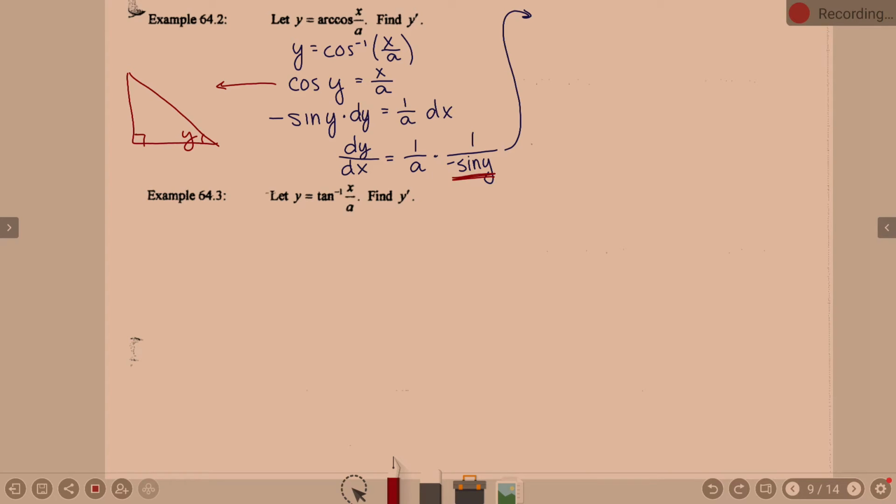I'm going to challenge you guys today. Okay, so cosine of y, there's y, is x over a. So what's x? X is adjacent. Hypotenuse is a. What is that other side?